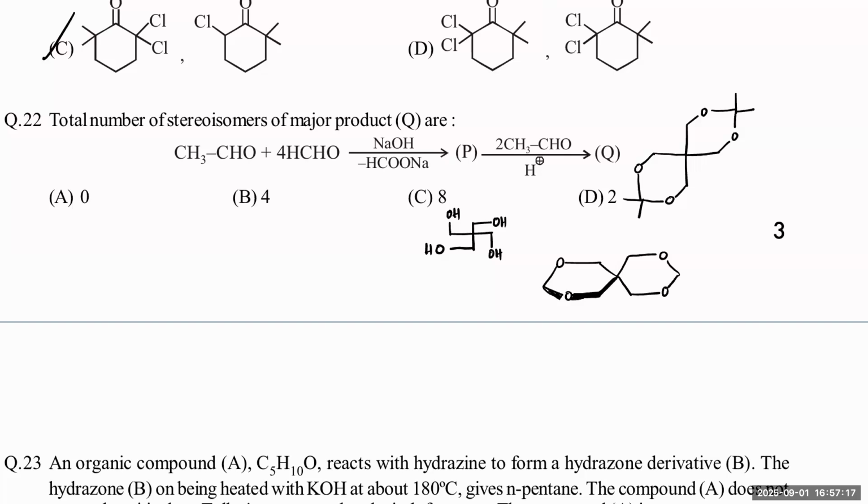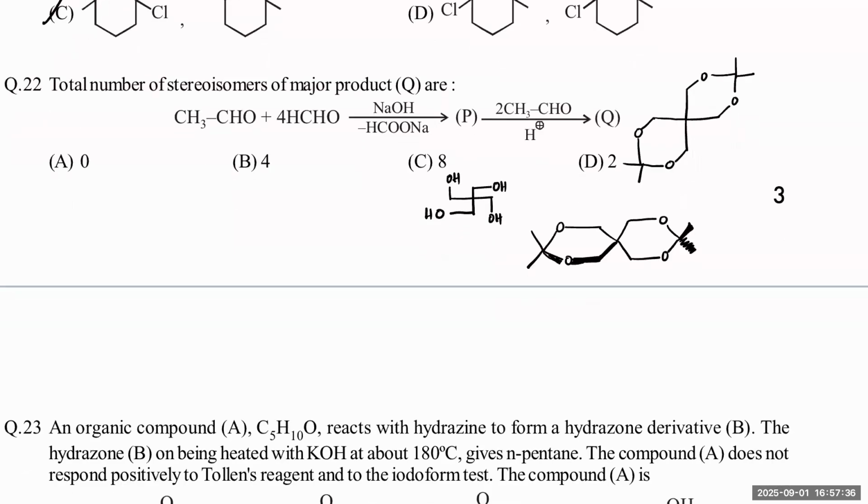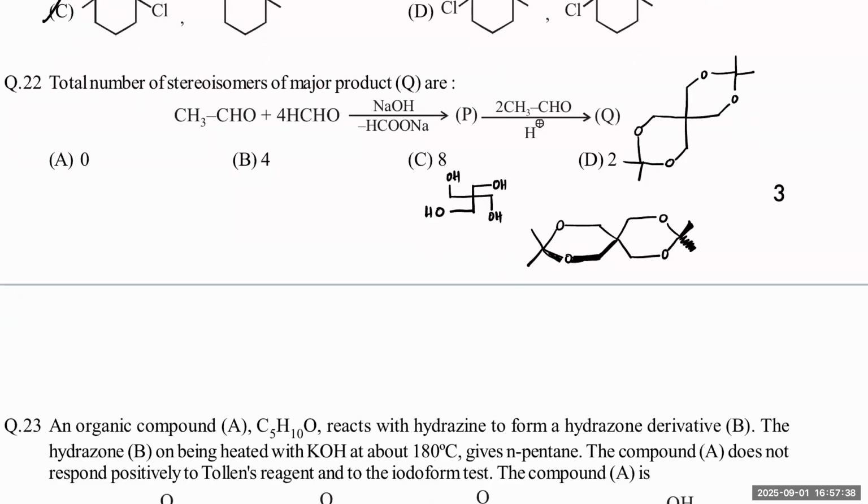And on the plane means one methyl should go inside, one methyl should come outside. But here, both the methyl should be on the same plane this way, correct? Any doubt here?